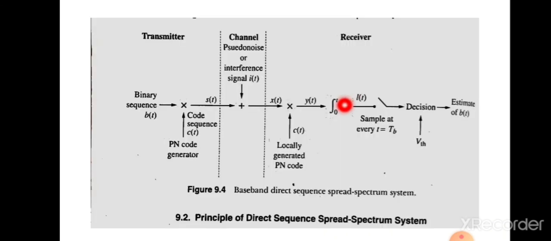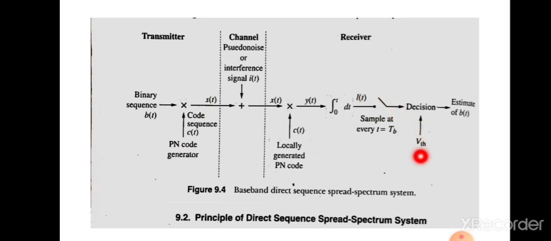Here y of t is obtained and given to the integrator. The b of t section will produce a triangular waveform, and the I of t into c of t section will be neglected, and the corresponding output is L of t, which is sampled with a sampler of duration TB. So you will get L of TB. That L of TB is compared with VTH, where VTH is set to 0.